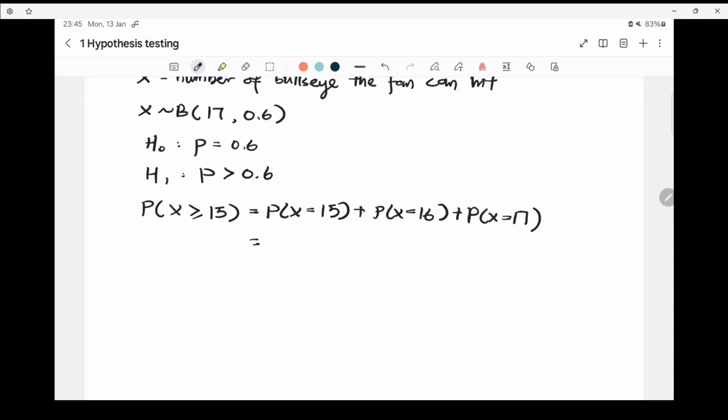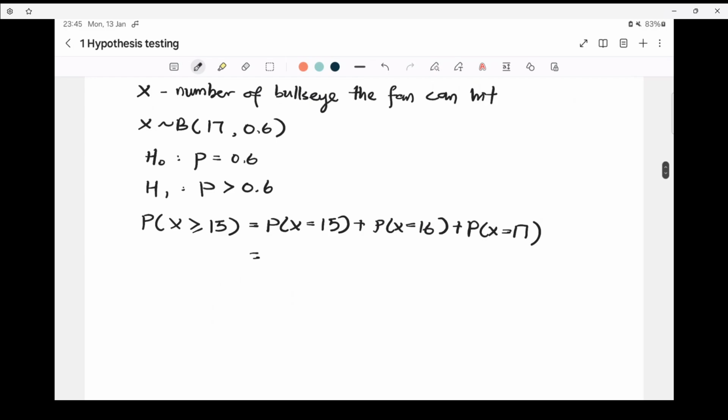So this will be 17C15 times 0.6 power 15 times 0.4 power 2, and then 17C16 times 0.6 power 16, and then 0.4 power 1, and then you have 17C17, which is 1, times 0.6 power 17, and then 0.4 power 0, which is 1. So what you would get is 0.0123.